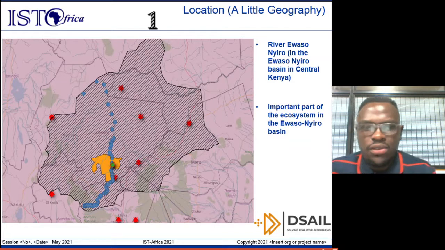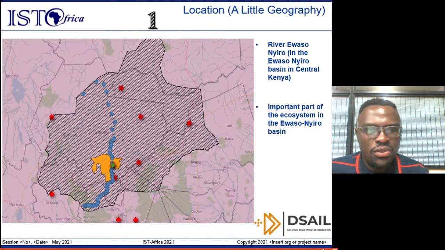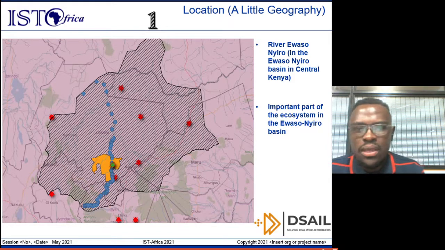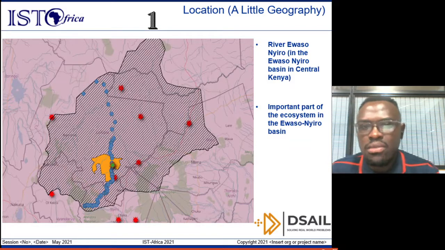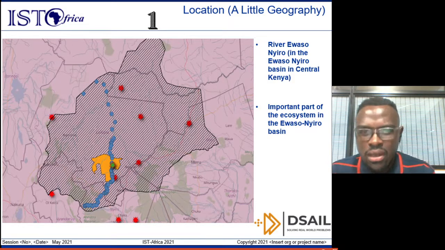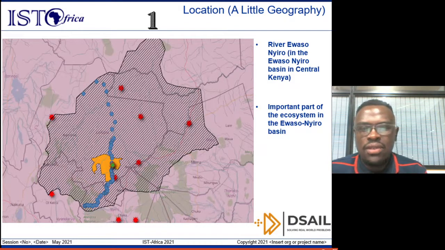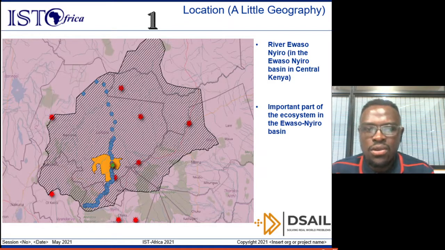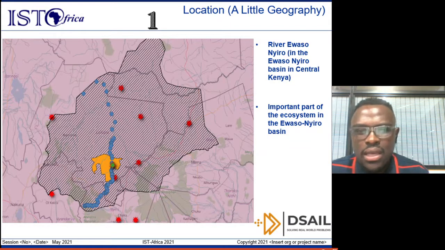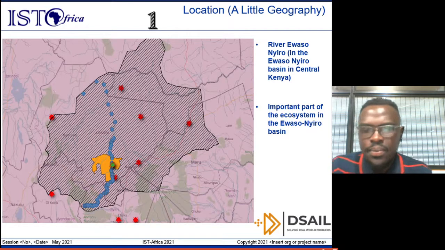The river is also depended on by farmers in the fertile regions of the basin, and also pastoralists and other people in the arid and semi-arid areas of the basin. So generally it is a very important part of the ecosystem in the Ewaso Nyiro basin, because it's also depended on by wildlife in some of the conservancies in the basin.